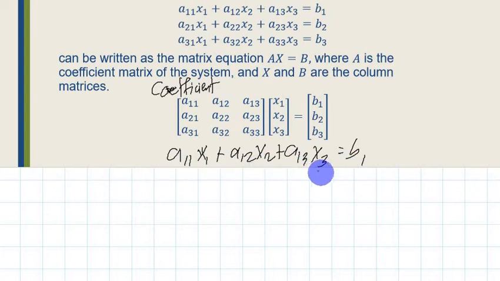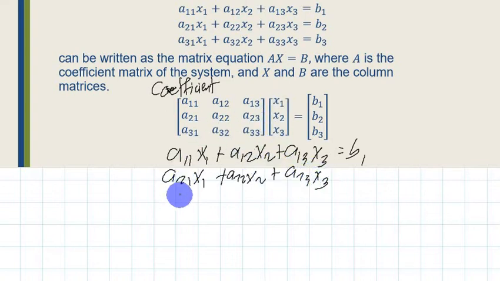This is actually the first row. The second row will just be a sub 2,1 x sub 1 plus a sub 2,2 times x sub 2 plus a sub 2,3 times x sub 3, because that's how matrix multiplication works.